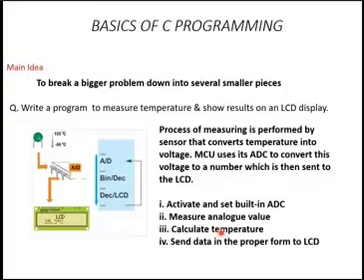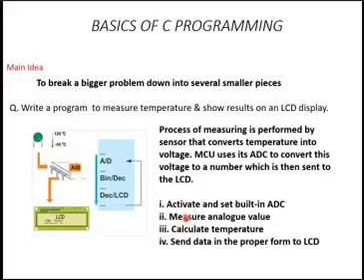Activate, then measure the analog value using the sensor, and the value will be obtained through the ADC, analog to digital converter, and then it will do processing and calculation to convert that value into temperature, and then transfer the temperature data to the LCD.